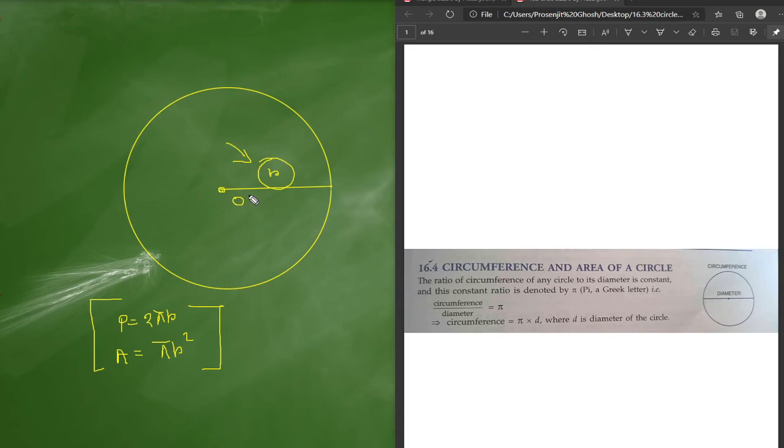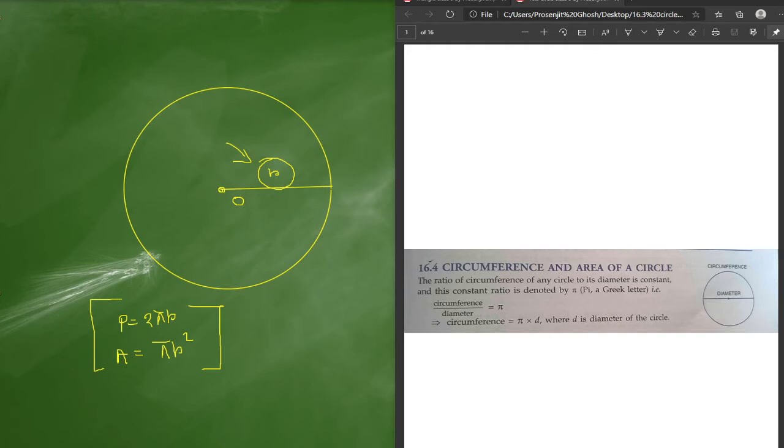Once you get the radius, you can find whatever you want from that. One more thing I should mention: according to your reduced syllabus, only the quarter and the semicircle are in your syllabus. The rest, the 3/4 part and more than that, are not included in your syllabus. So remember that.